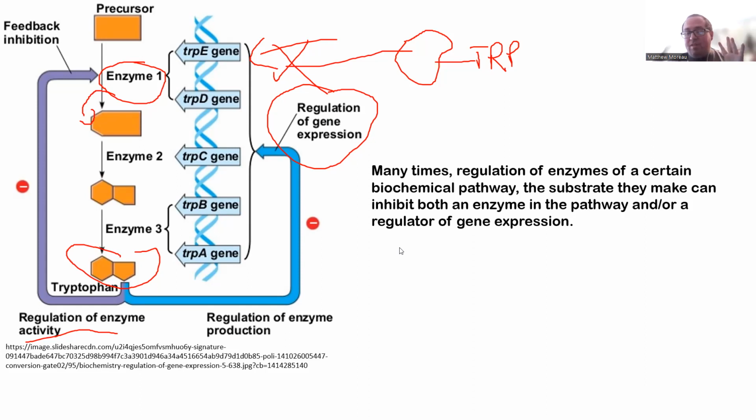And the best thing of all about this is that it requires no energy to stop using energy. So not only are we saving energy by not making more substrate or more product that we don't need, we're also not spending energy creating proteins that we also don't need. And we're doing it without spending energy. So now all that ATP that was being used for this can be shuttled to a different system.